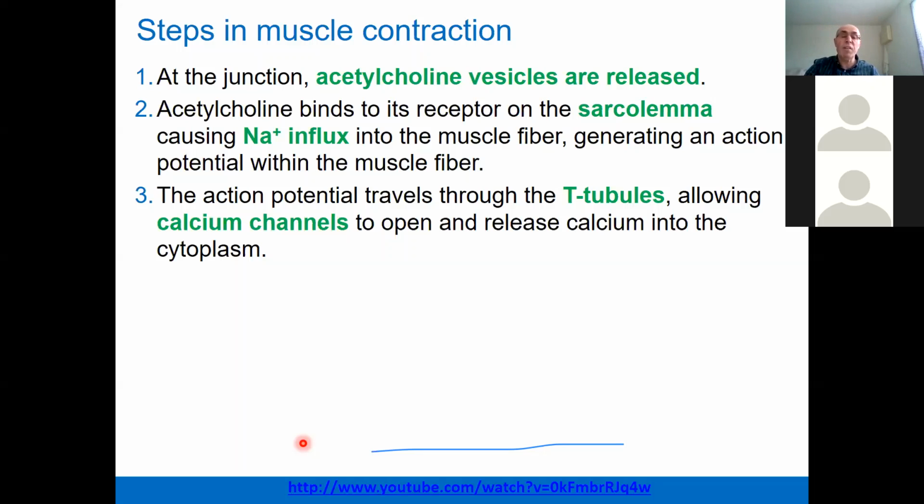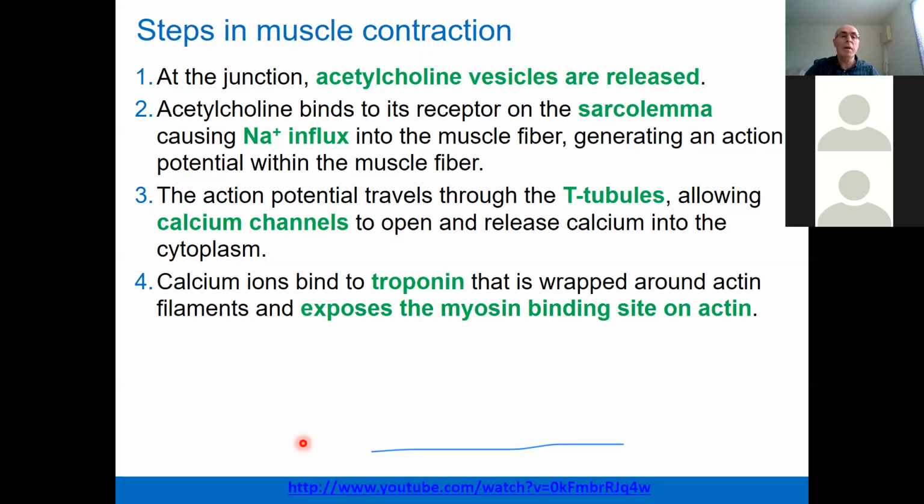Once calcium is released from the sarcoplasmic reticulum, it binds to troponin, a protein of muscle cells which wraps around the actin filament, and exposes the myosin binding site on actin.